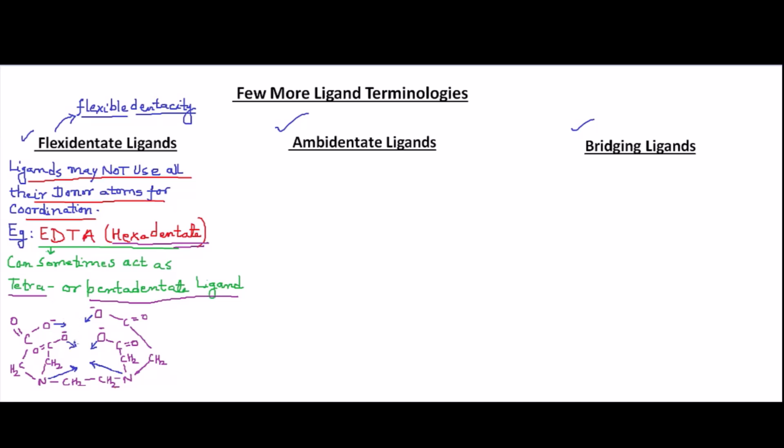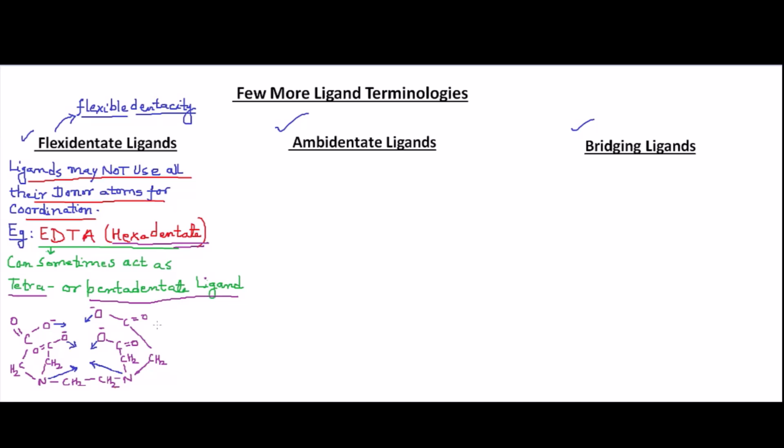So 2 oxygens and 2 nitrogens make it tetradentate, and sometimes 1 oxygen is left out, so 3 oxygens and 2 nitrogens make it a pentadentate ligand. That means all the 6 donor atoms are sometimes not utilized, which makes it a flexidentate ligand, which can easily change the number of donor atoms as per the requirement or bonding in different kinds of coordination complexes.